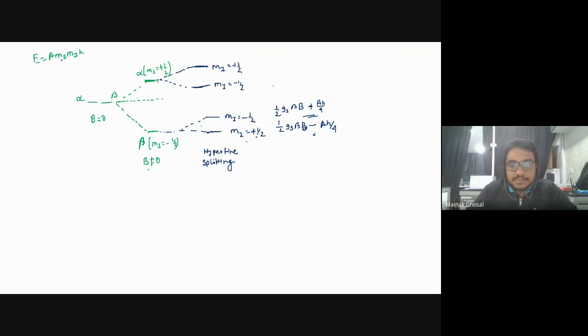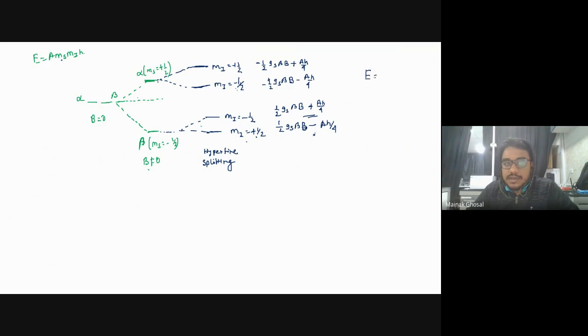And then a similar case happens here: taking the upper level, the energy will be plus half gs beta B minus h by 4, and here the energy will be plus half gs beta B plus h by 4. How am I getting these plus and minus values? Because I am just calculating for one.